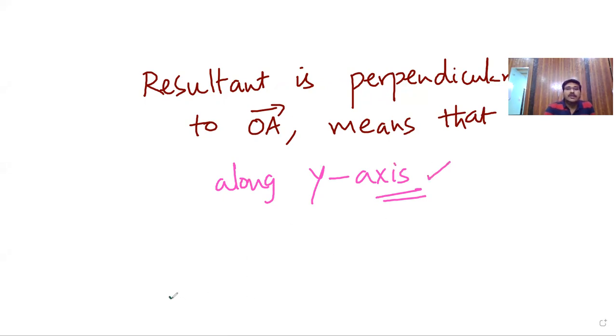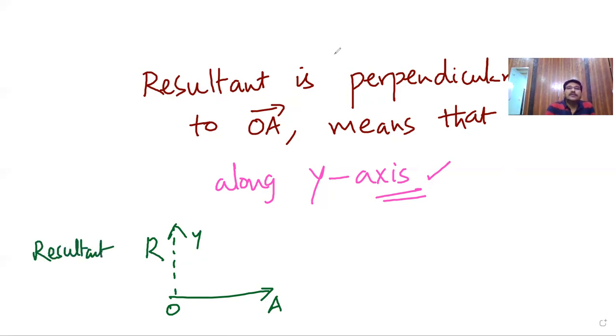Now have the clarity. This is OA. The resultant is like this, towards the y-axis. R stands for resultant. The other vector is OB. This is 4 meters, this is 6 meters. Now he is asking the angle between them, angle AOB. How much is AOB?